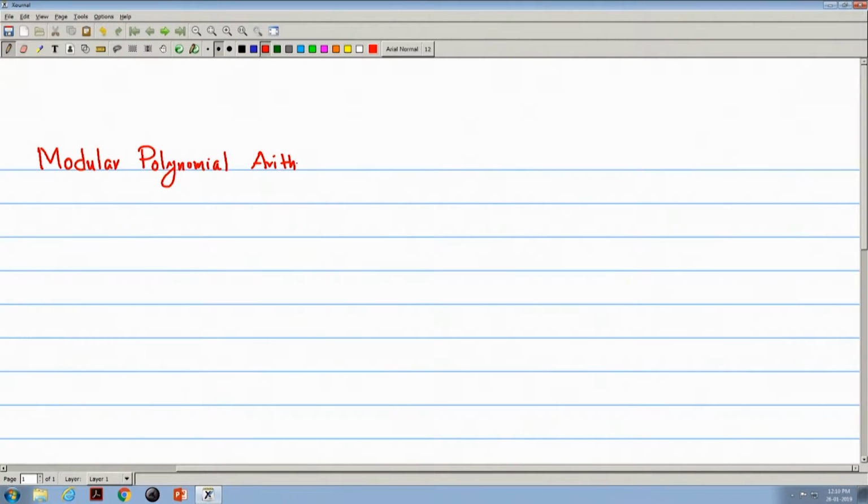If we remember the example we have done, first we took Z8, and we saw that it is actually not a field, considering all the properties we have studied.